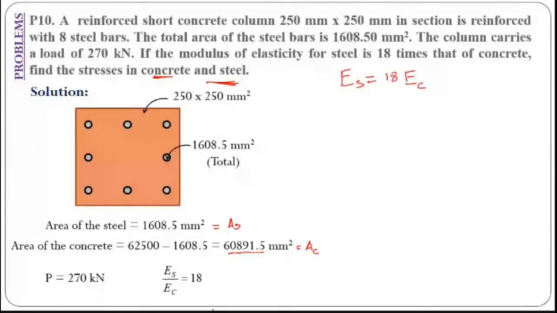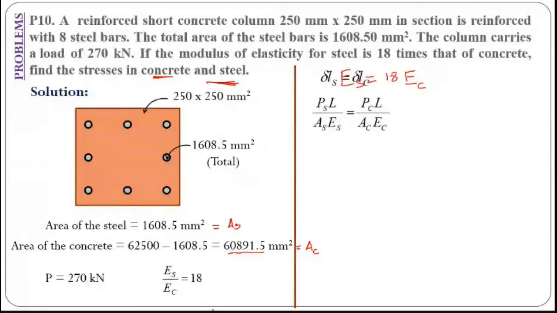So we know that the first step is the change in length for steel is equal to the change in length for concrete. So we write it like this: PL by AE with respect to steel is equal to that with respect to concrete. Now what is this P by A?